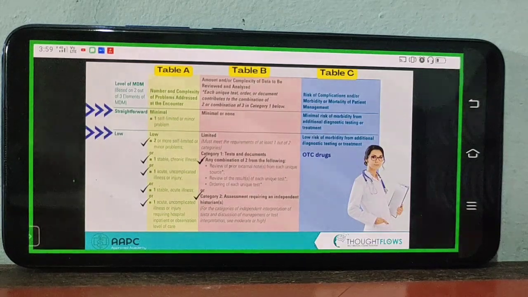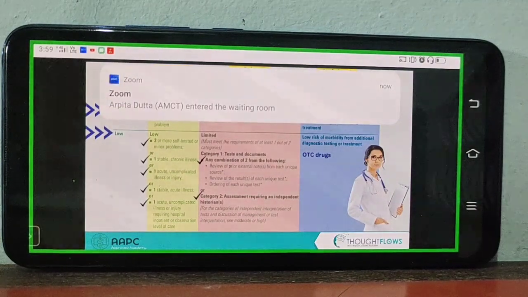And the last one is one acute uncomplicated illness or injury, but requiring hospital admission or observation level care.